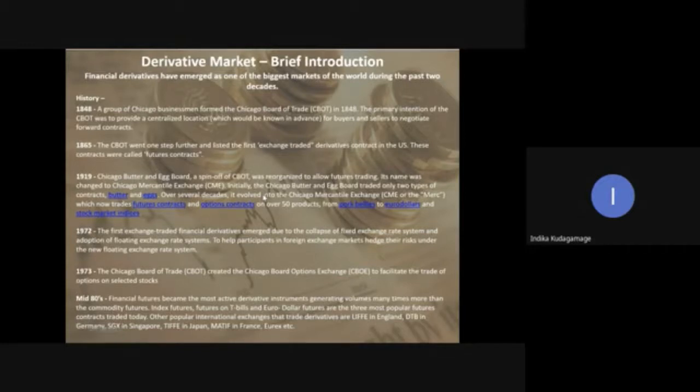So it has to be an exchange traded one. An exchange, like the example I can give you, is our stock market, the stock exchange. You have share buyers and share sellers. They are selling to the exchange, buying from the exchange. They are not individually meeting each other. When I am buying stocks, I don't know who is selling.